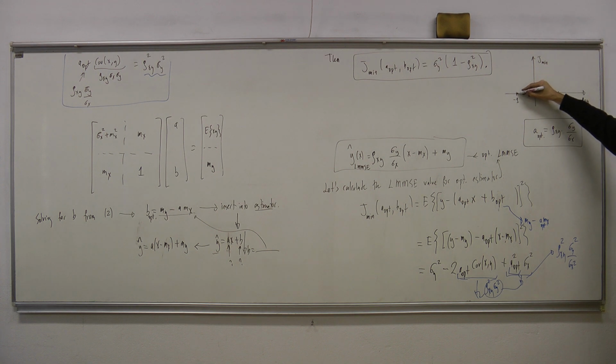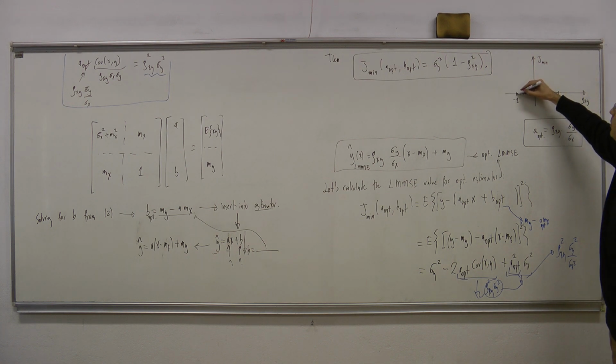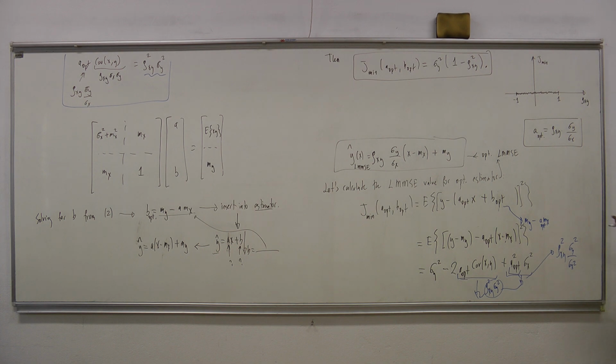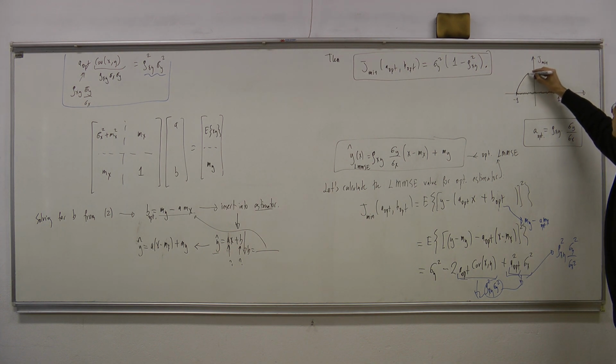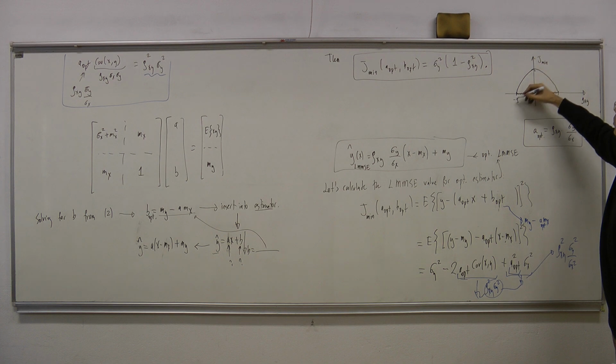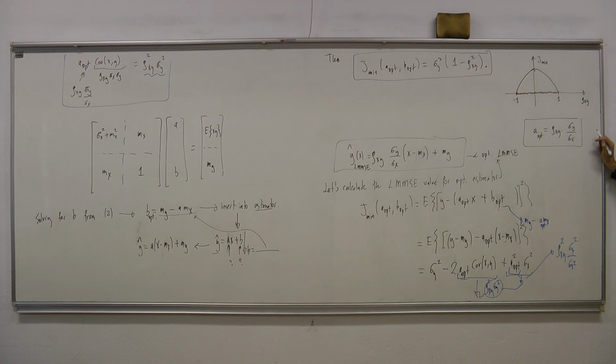Because the correlation coefficient is only defined between -1 and 1, I should only sketch this part. Well, it makes sense because otherwise this error would be negative, but that's a mean square error. How can it be negative? So obviously it has to be something like this, always a positive quantity and so on.